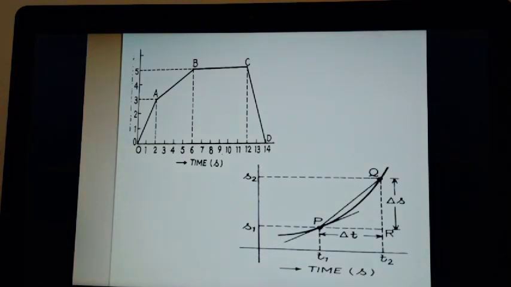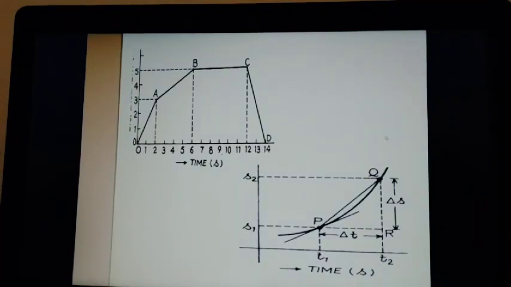You can have two different times, t1 and t2, with the displacements s1 and s2. So s2 minus s1 divided by t2 minus t1, that is delta s by delta t, change in y coordinate divided by change in x coordinate, defines the average velocity. Average velocity and average of velocities are different.